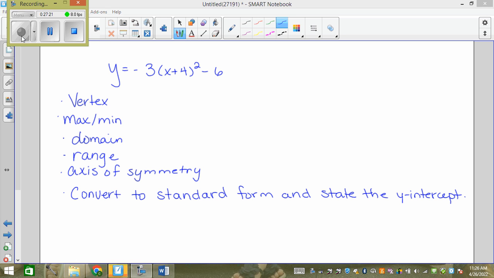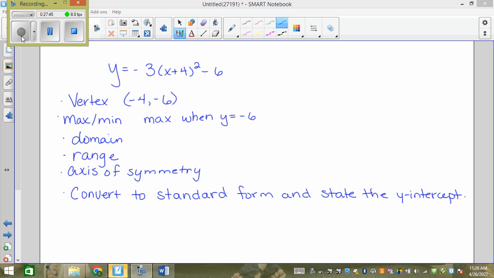Vertex. What's the vertex on this? -4, -6. Opposite, same. Is it a max or a min? Because it's concave down, because your leading coefficient is negative. So it's going to be a maximum when y equals -6.